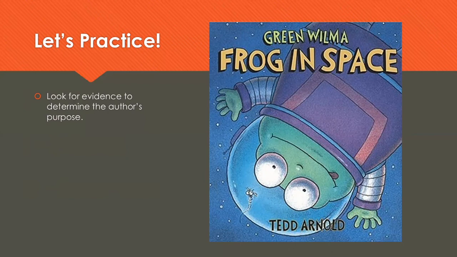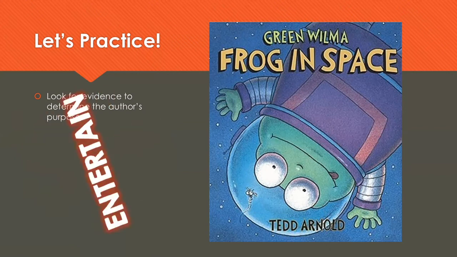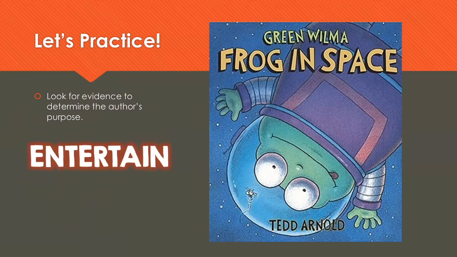Are they trying to get us to do something or take action? Yes. This author's purpose is to entertain us. Green Wilma the frog is acting like a human. It's showing us definitely that this is an author's purpose to entertain.